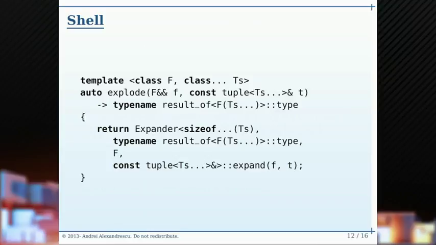I'm passing f, the function type, which is a reference to a function most of the time, or functor, or lambda. And I'm passing const tuple t's reference as my tup. This is tup in the slide above. And I'm calling expand against all that.